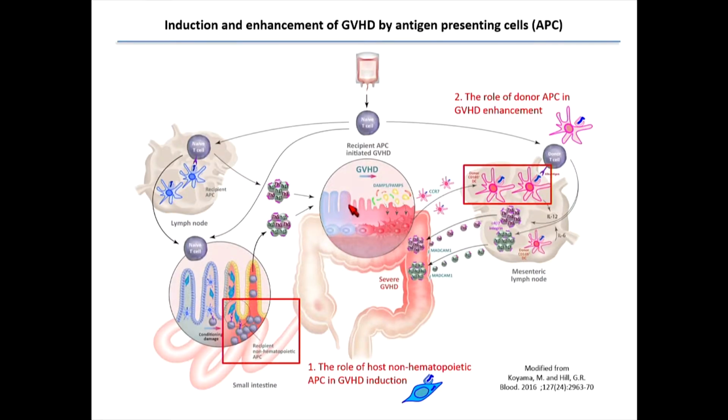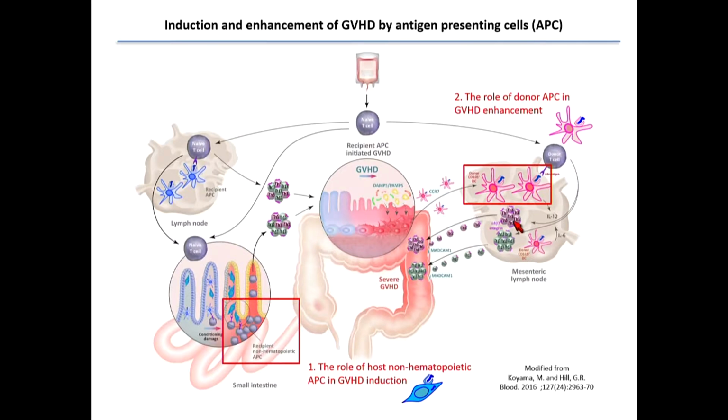Once tissue damage starts, especially in the colon, the donor DC is stimulated to proliferate and activated via damage or pathogen-associated molecular patterns, which are the innate signals reaching the damaged tissue. Those donor DC then migrate into the mesenteric lymph node. In this process, the subset of the donor DC is really important. And then they present antigen to T cells again here.